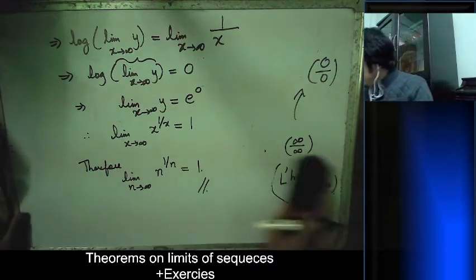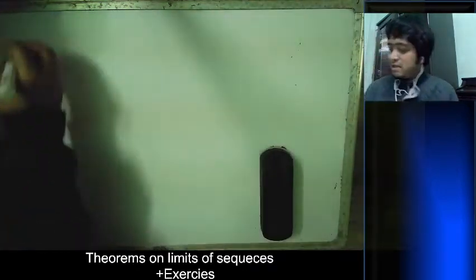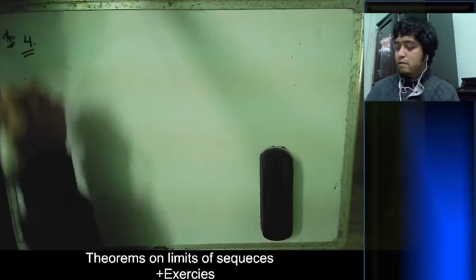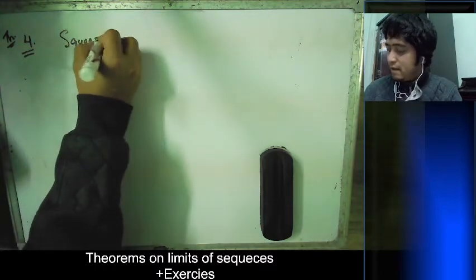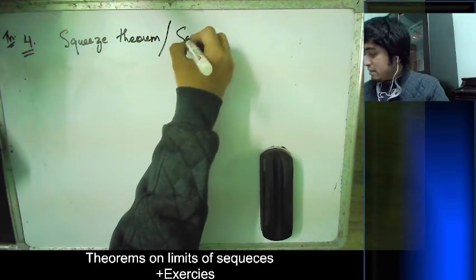This other rule, or I should say another theorem on limits, is theorem number 4. I will write it down. It is called the squeeze theorem or the sandwich theorem.